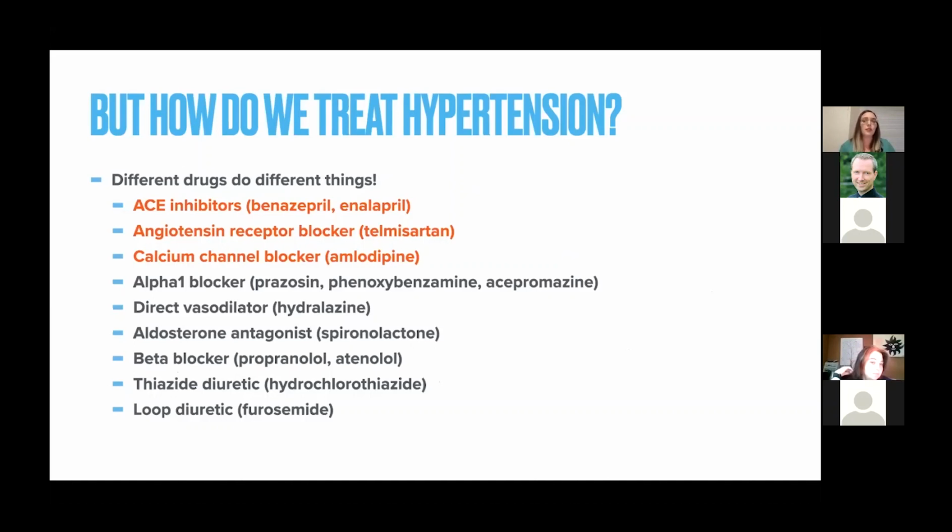For the purpose of this talk, we're just going to talk about the first 3 types of blood pressure medications as they pertain to the kidneys. But again, I listed a couple of other drugs that are used for blood pressure control, depending on the disease process that we're trying to treat.